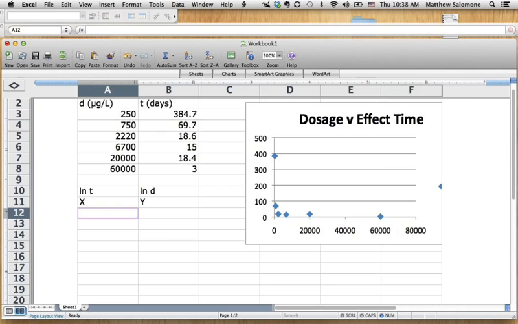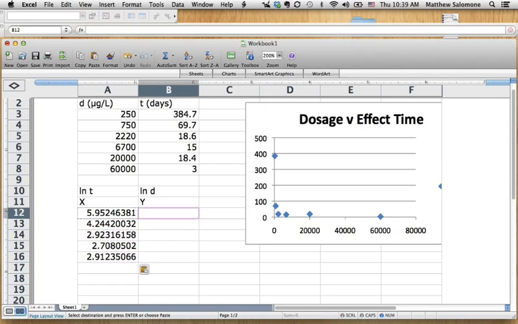And so we just need to take the natural log of each of these numbers. Oops, natural log of that. So there are the natural logs of the t's. Let's take the natural logs of the d's as well.